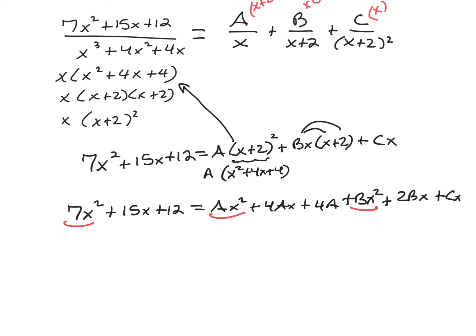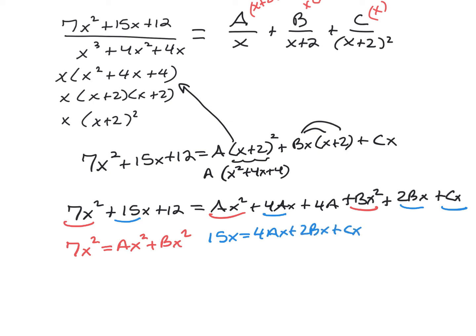I'm going to get 7x squared equals ax squared plus bx squared. Then I can get my x's. And I get 15x equals 4ax plus 2bx plus cx. And then lastly, get my constant, which is just going to be 12 equals 4a.